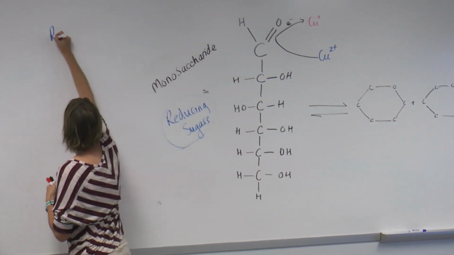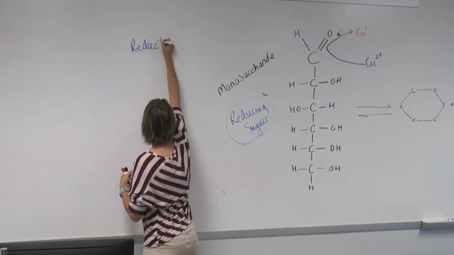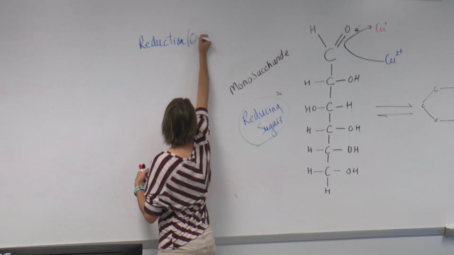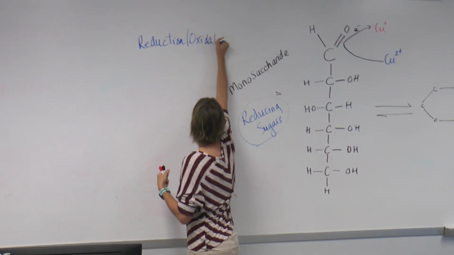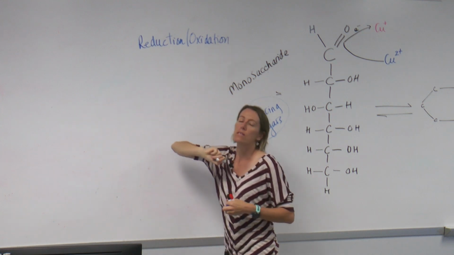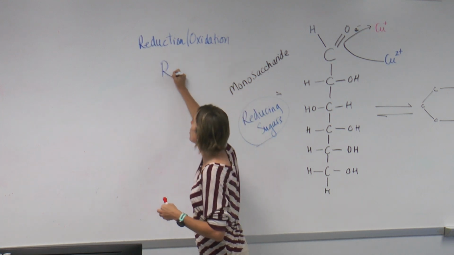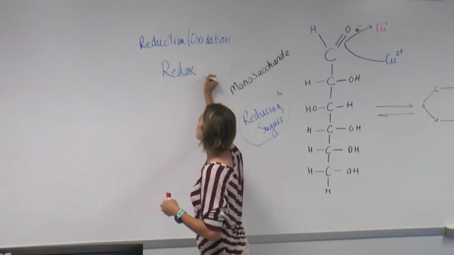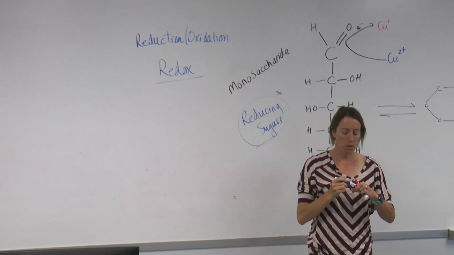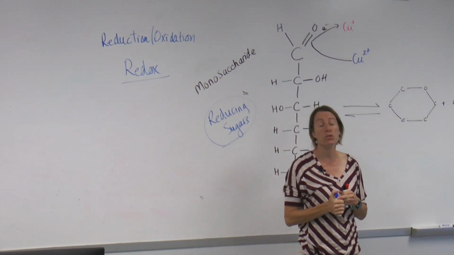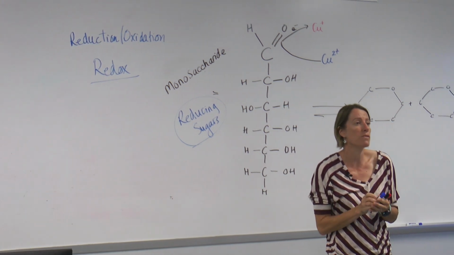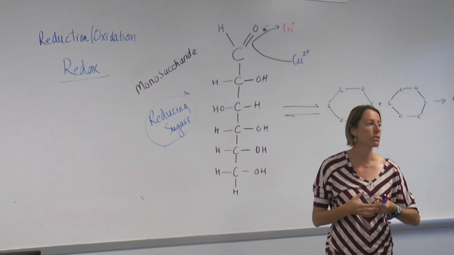So the long term is reduction oxidation. That's a lot to say and a lot to write. So instead, we just say redox. Redox reactions are very common in chemistry and they're super common in biology. Lots of things that happen in your body are redox reactions.